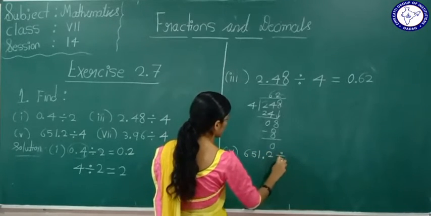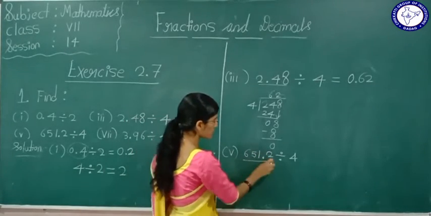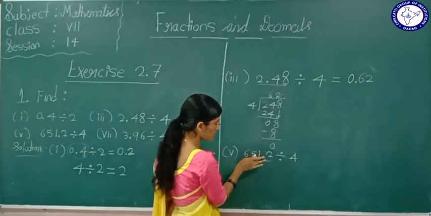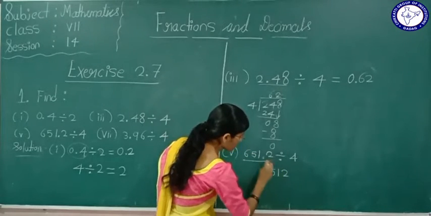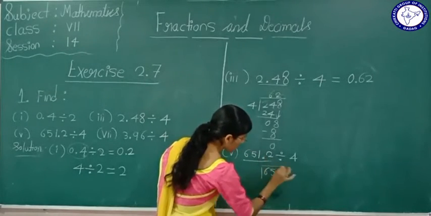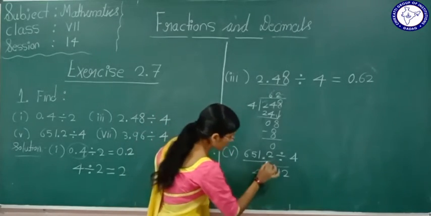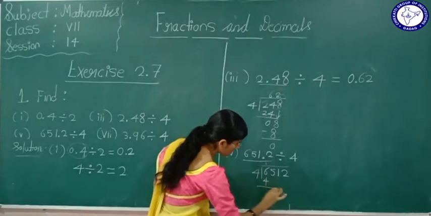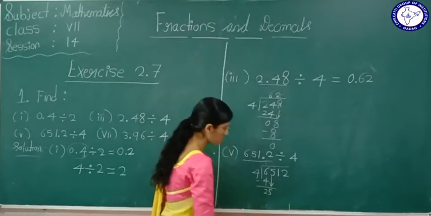Now we will go for the fifth one. 651.2 divided by 4. Okay. Now first what we will do here, we will remove this decimal point. It will be 6512. You divide by 4. What will it be? 4 ones are 4. 6 minus 4 is 2. Here it will be 20.